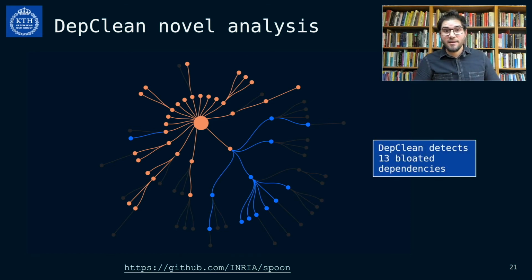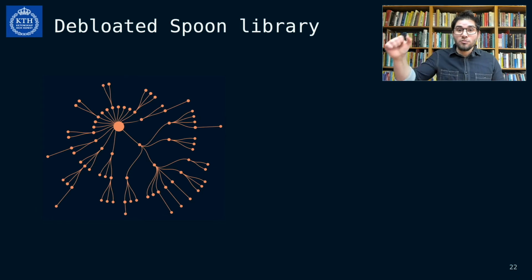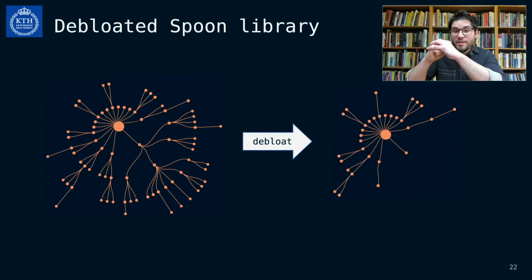It detects 13 bloated dependencies in the Spoon library. So basically, we can use DepClean to transform its dependency tree: we debloat it, remove all the unused dependencies, and obtain a much smaller version of it.